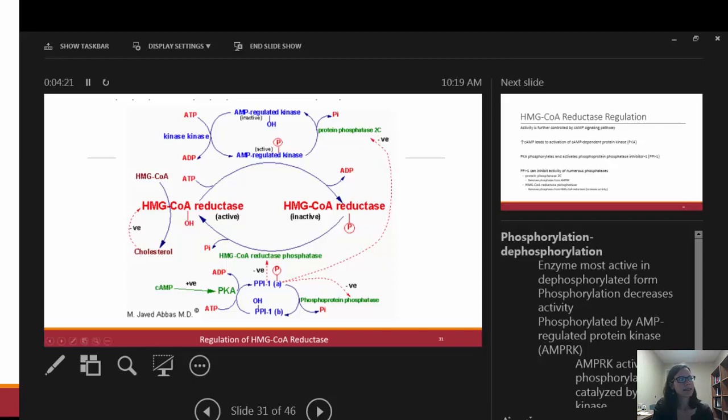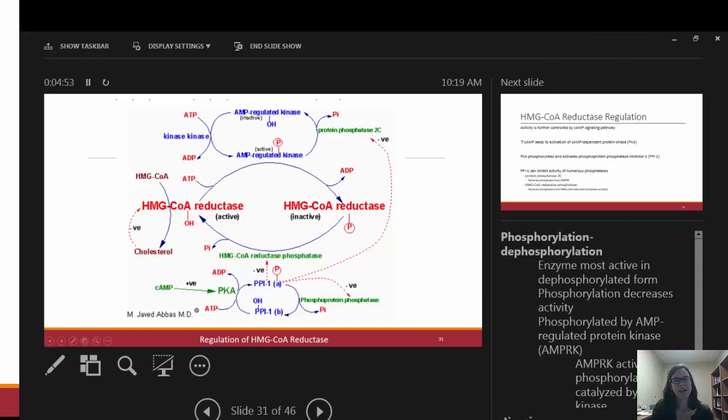First, this PPI1 can inhibit this protein phosphatase 2C here. If it's inhibiting this phosphatase, then the AMPRK is going to stay phosphorylated and stay active. If we think about this in the way of hormone regulation, which we'll touch more on, glucagon and epinephrine stimulate cAMP.